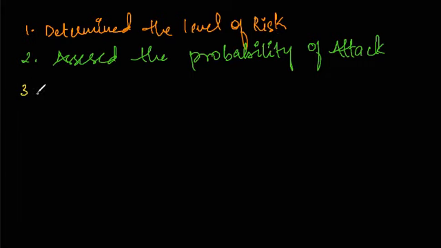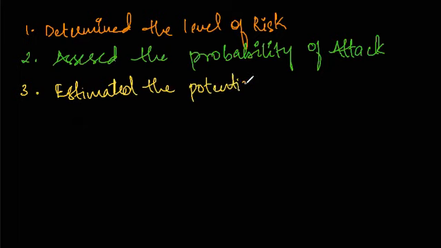Then the third one is you have estimated the potential damage, how much damage it is going to make. You have assessed and it is less, so you're going to try and accept the risk. Estimate the potential damage from these attacks.